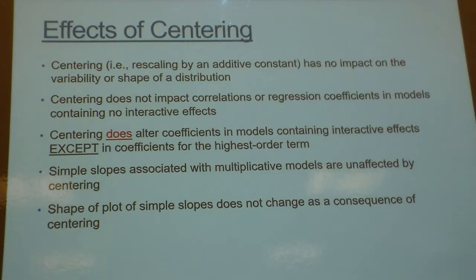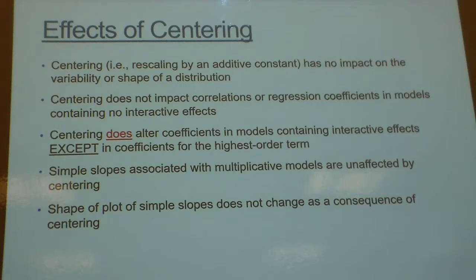My interaction terms in my centered model and my uncentered model are going to be identical, but my lower order terms, my main effects or my conditional effects, will start to shift around. If I include a 3-way interaction, the coefficients for my 3-way interaction will be the same in my centered and uncentered models, but my 2-way interactions will be different, as will my first order effects, right?